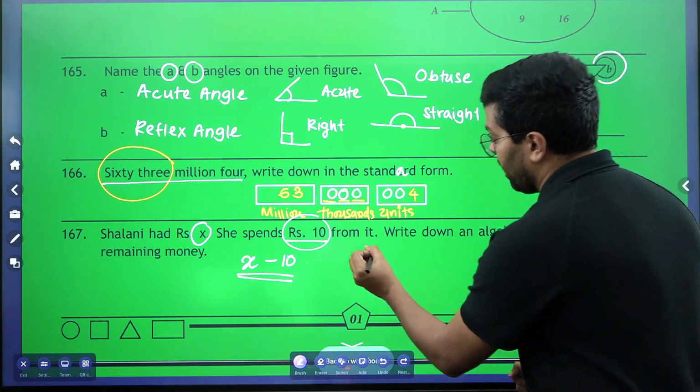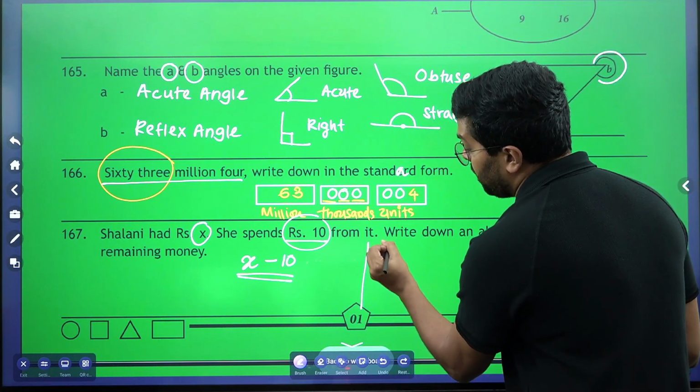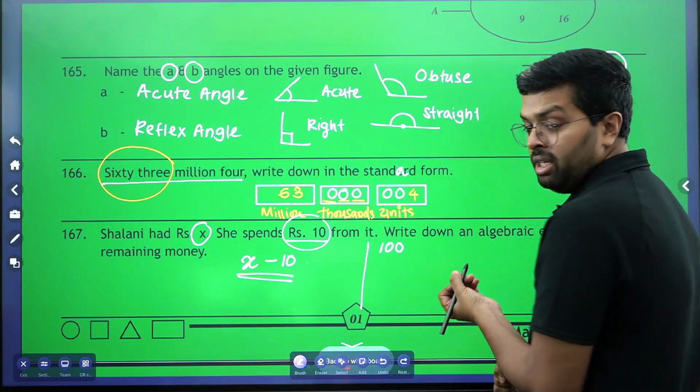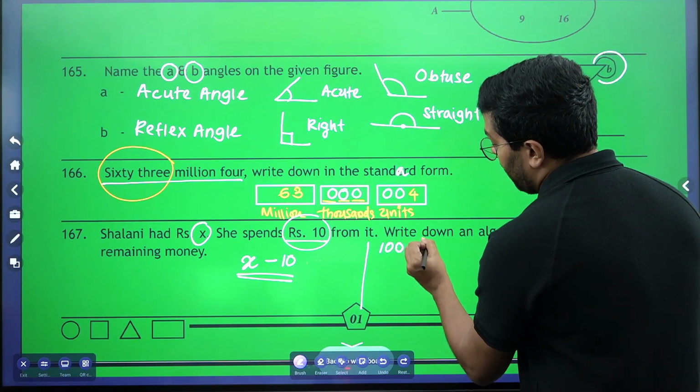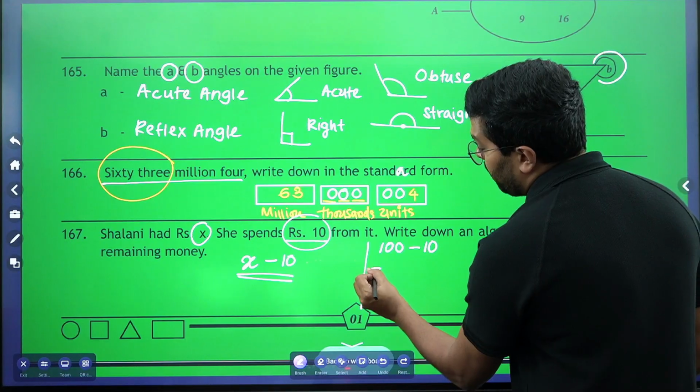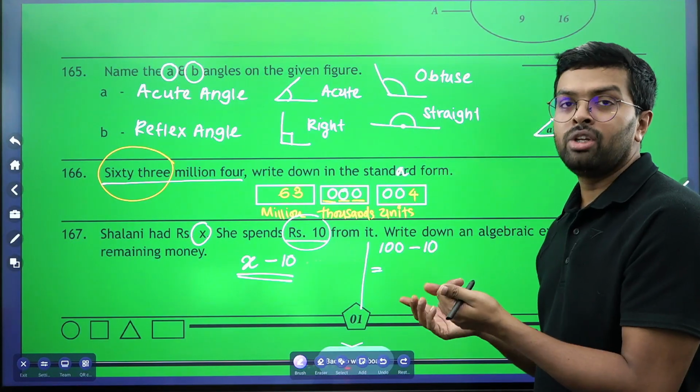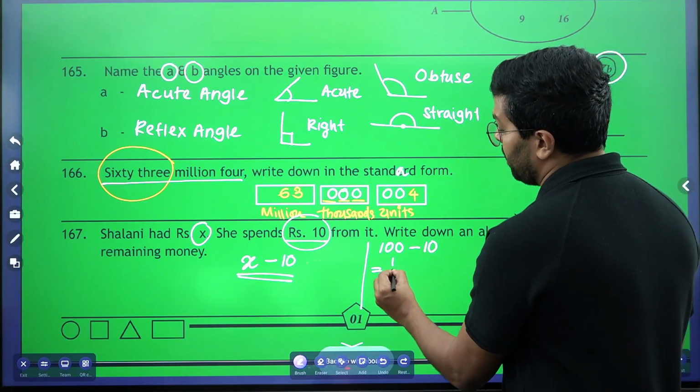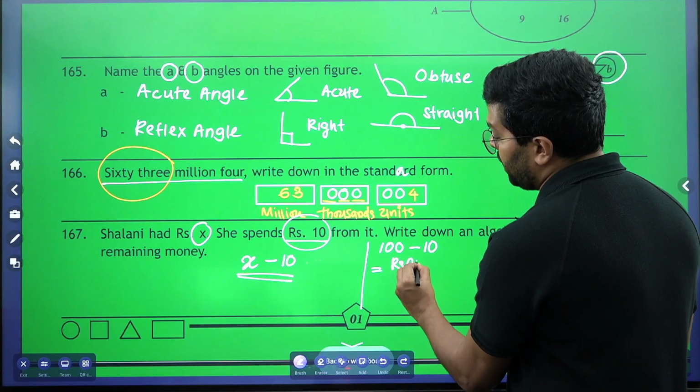Very easy. Now let's say Shalini initially had 100 rupees, and she spent 10 rupees. To find the remaining amount, we simply subtract 10 from 100. So the remaining amount will be 90 rupees, right?